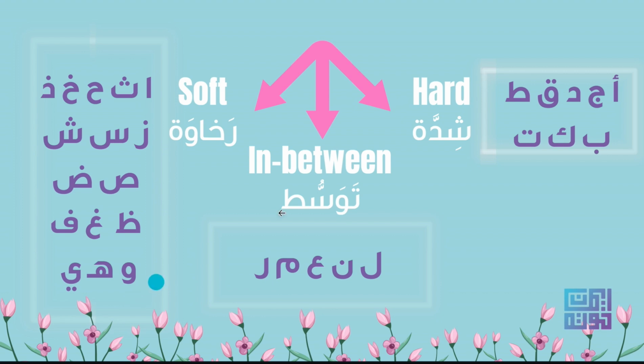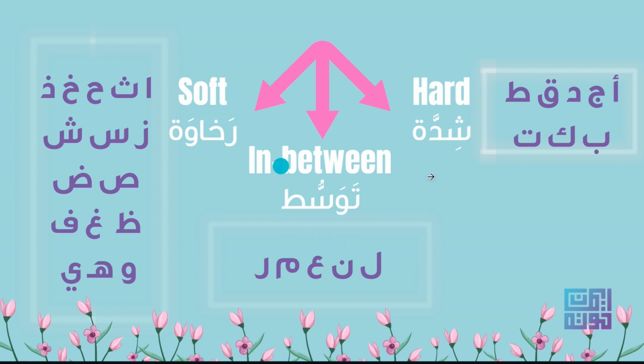So in Arabic, this is called shidda. In between is called tawassut, or bayniya. It has another name, and both are the same. And this softness character is called rakhawa. So we have shidda, tawassut, and rakhawa.